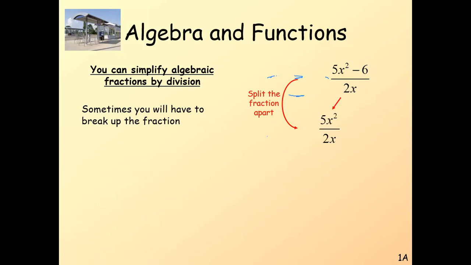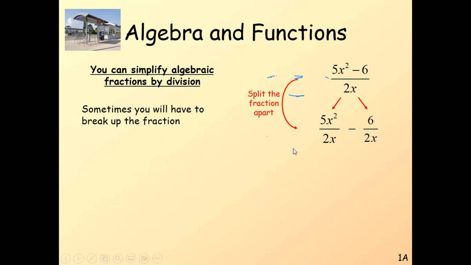These are just some basic rules I'm trying to teach you, that whenever you see any question related to this, you can simplify it like this. If you break it into these two fractions, because you have a denominator 2x for both terms, you can split that denominator across both terms. That will be 5x squared by 2x and minus 6 by 2x.